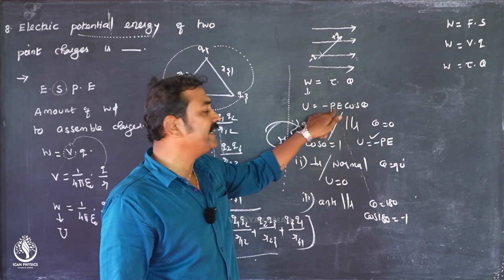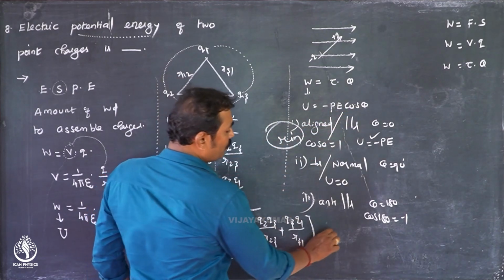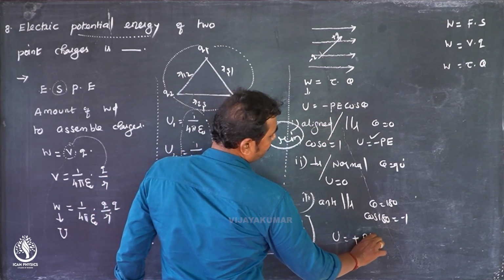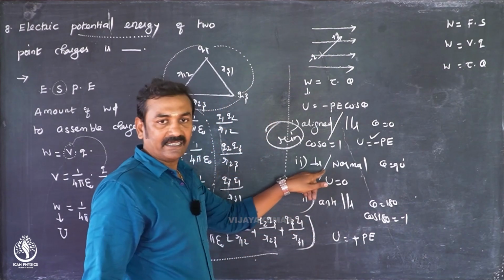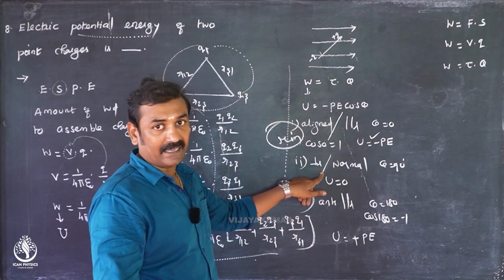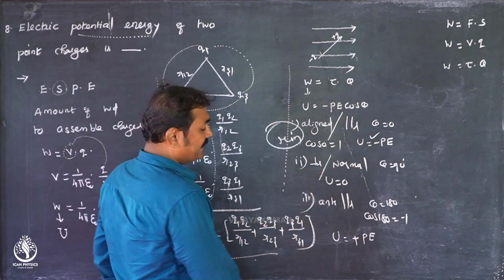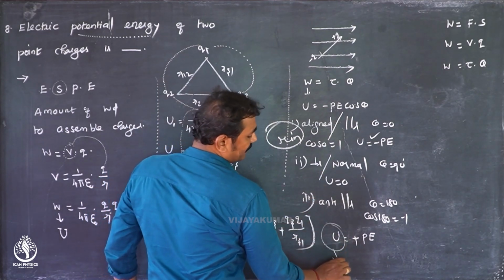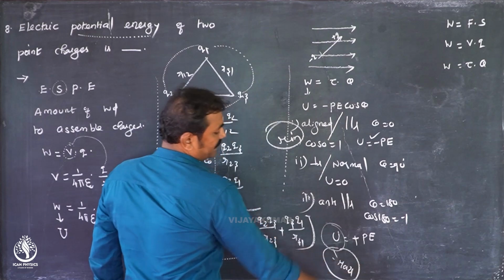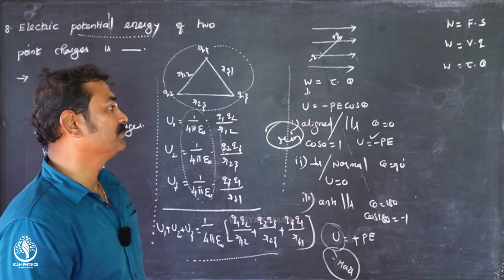So minus 1 into minus PE gives epsilon equal to plus PE. Whenever the electric dipole is placed anti-parallel, its energy is maximum.